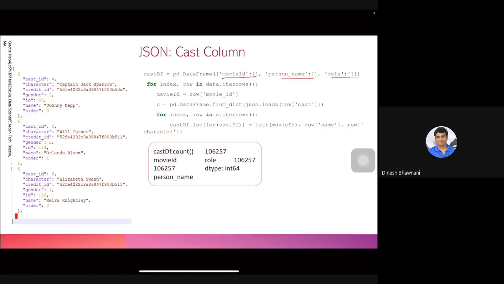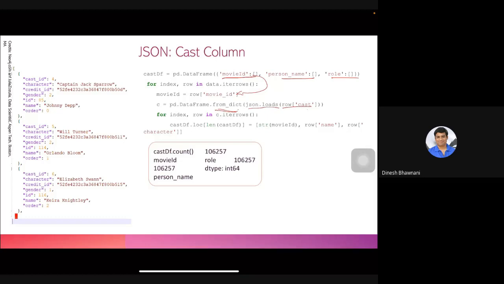So for index row in data iter rows, movie id is equal to row movie id, and this is coming here. Then c is equal to pd data frame dot from dictionary, good old handy dictionaries, json dot loads row cast. So this row cast, they're going to put this cast somewhere, something from this.